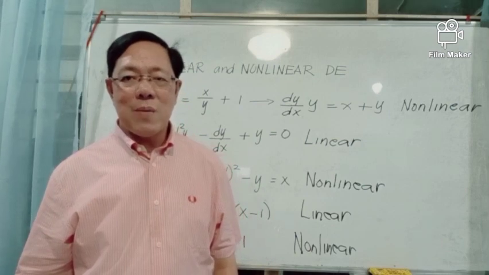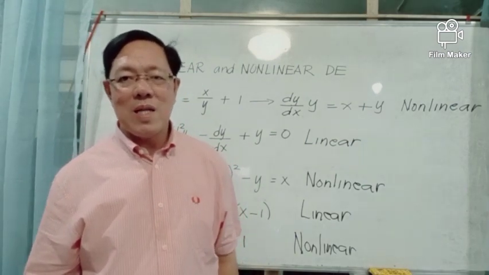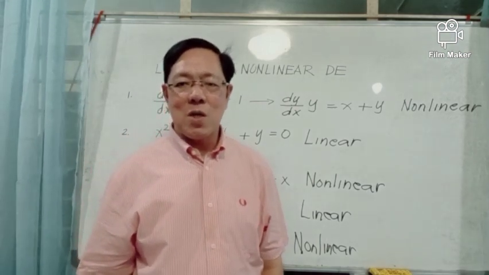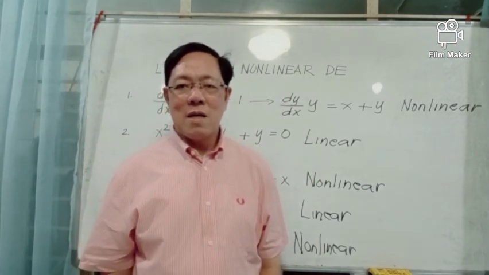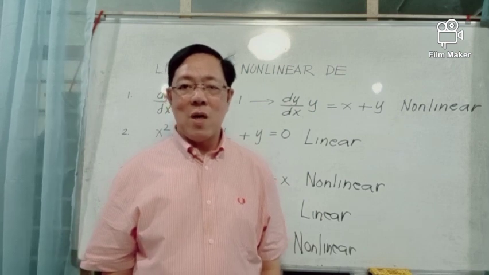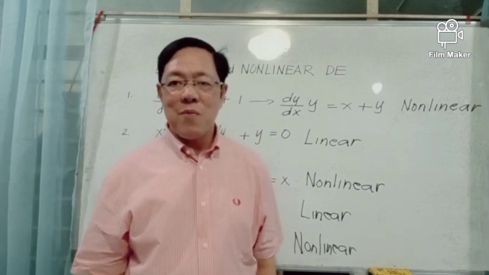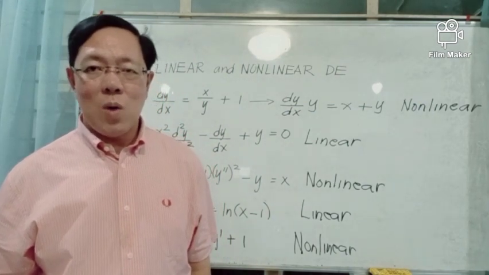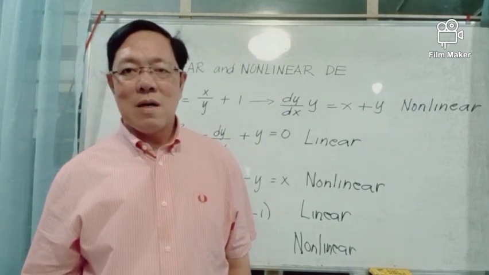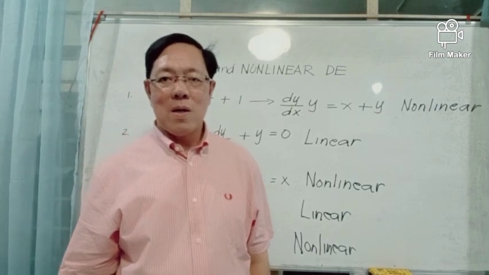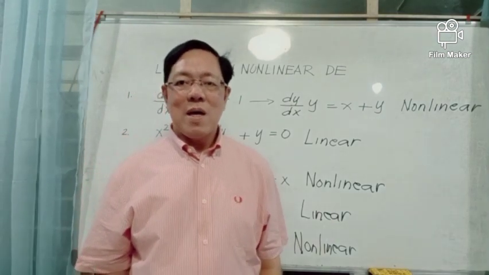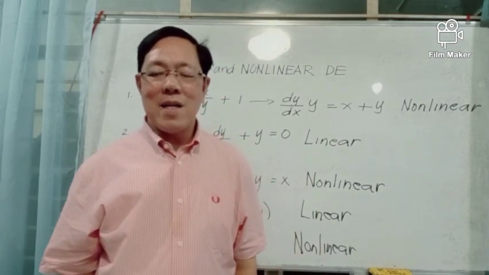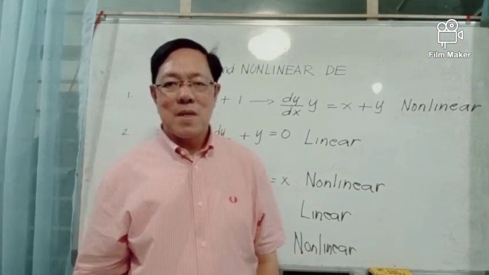We do not find any products of the dependent variable and any of its derivatives in any terms. The power or the exponent of the dependent variable or any of its derivatives is 1. And the dependent variable or any of its derivatives cannot be found inside another function.